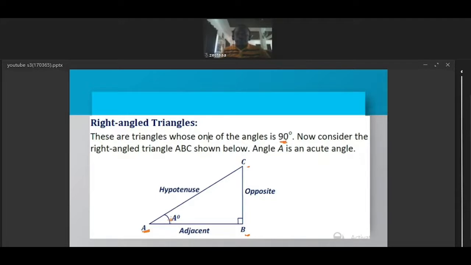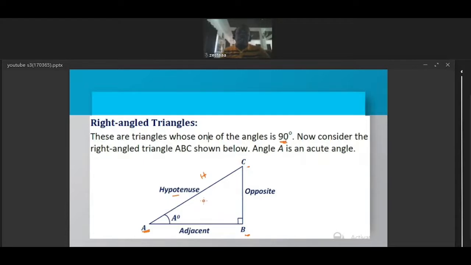So, let's begin by giving these sides a name. This part AC, we call the hypotenuse. This hypotenuse is the longer side.